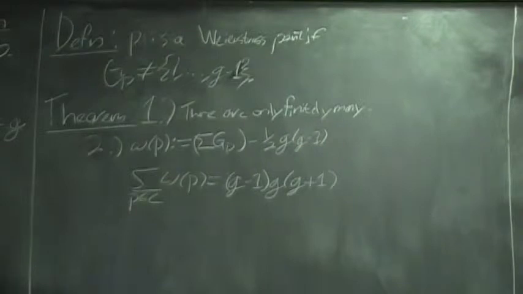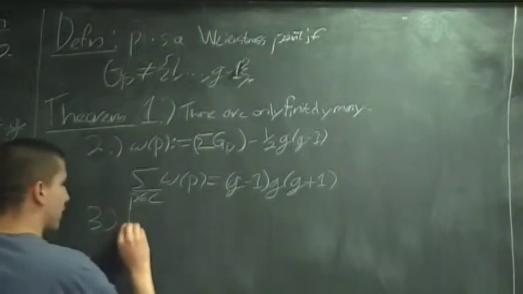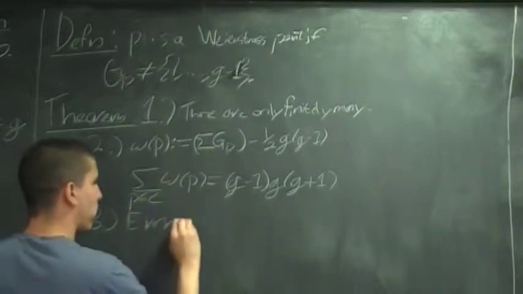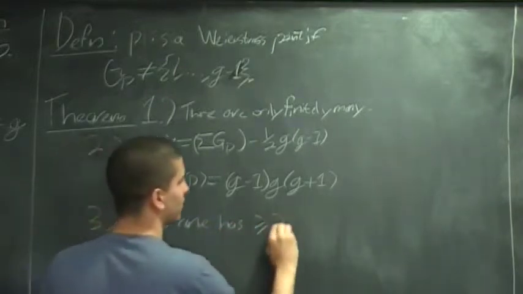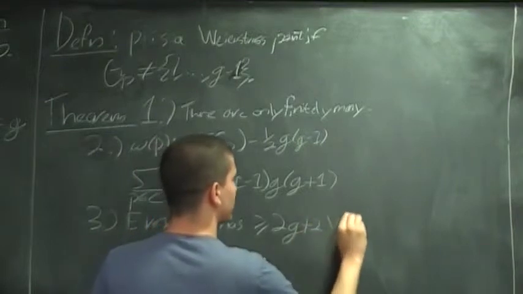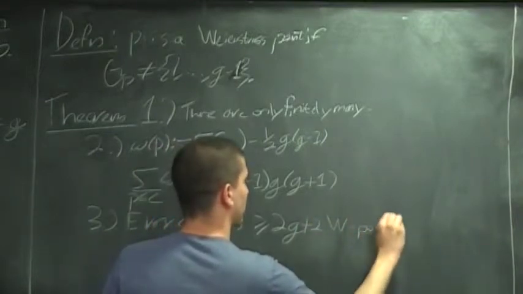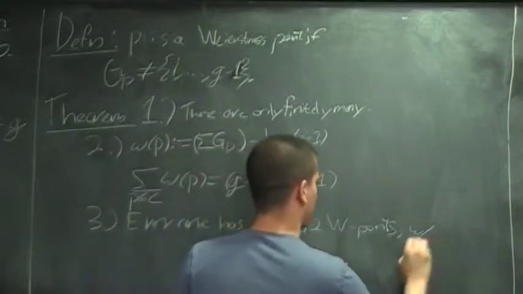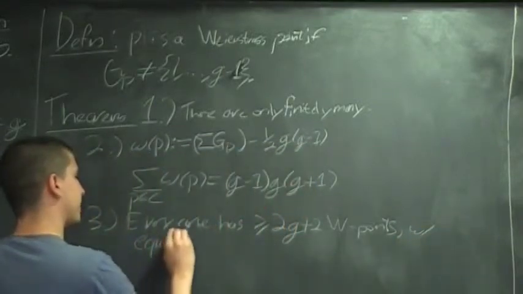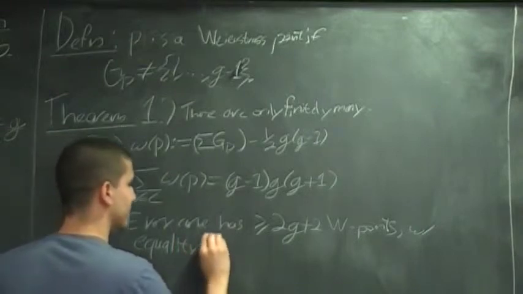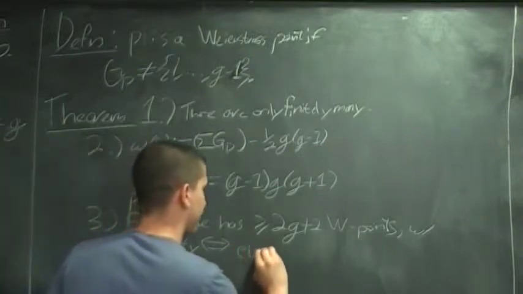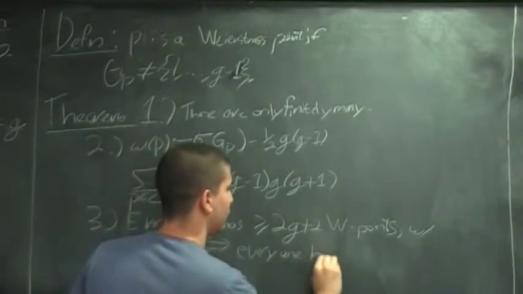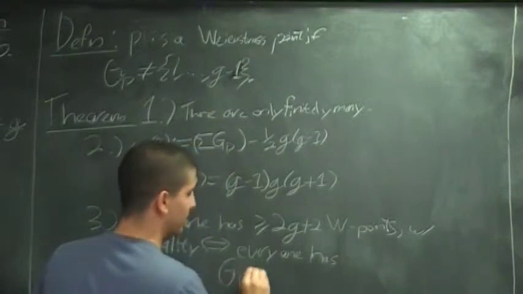And if you went through and counted this all up, you would find the following thing, which is that every curve has at least 2g plus 2 Weierstrass points, with equality if and only if every one of them has the biggest gap sequence possible.